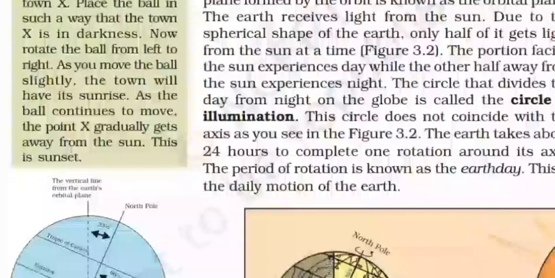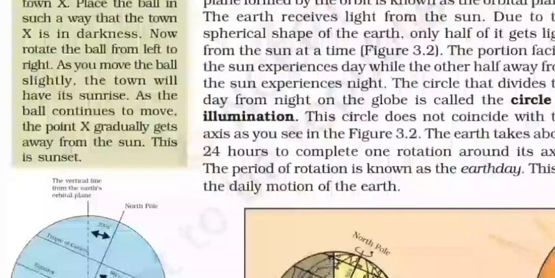Because the earth is spherical, the side which faces the sun gets daylight, and the same thing happens in an opposite manner on the other side, where it is night and there is no sunlight.